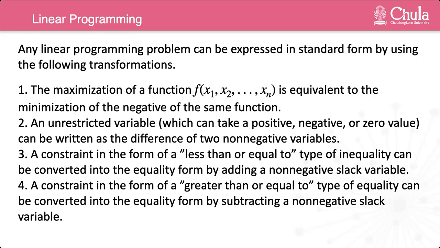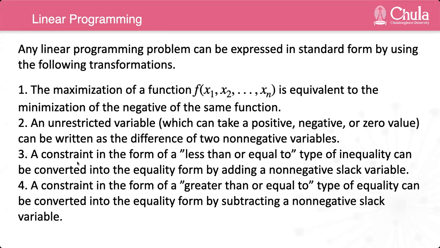You multiply it by -1, and then you can transform from maximum to minimum. The second rule: unrestricted variables can be written as the difference of two non-negative variables. Previously, I showed you already.